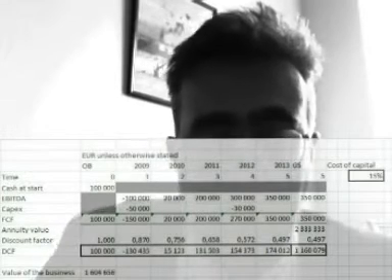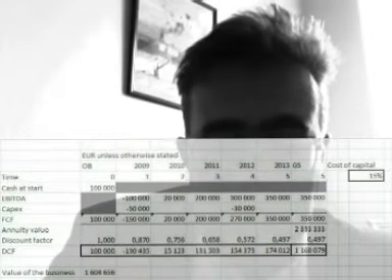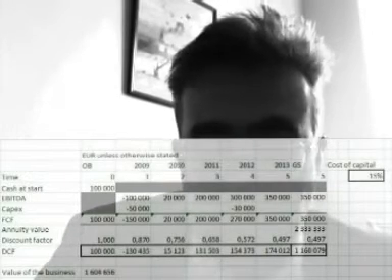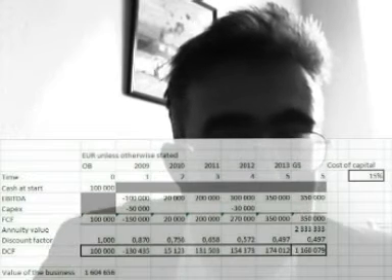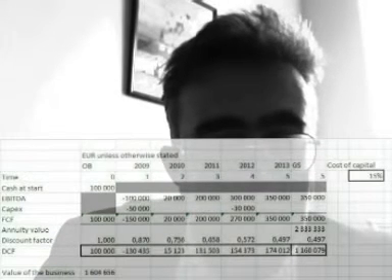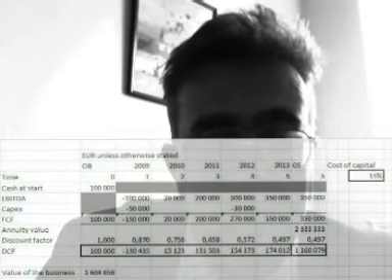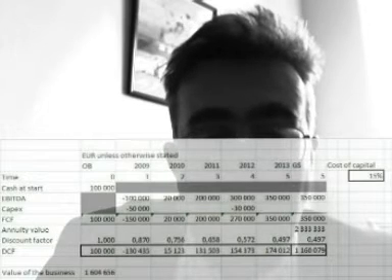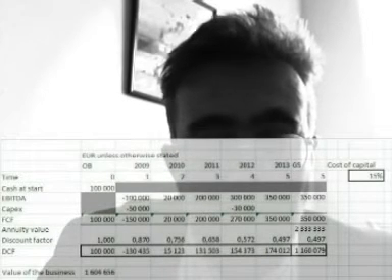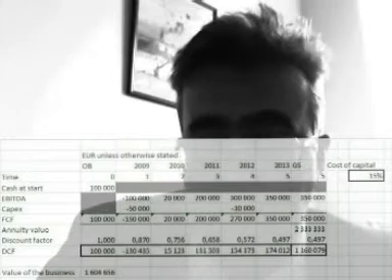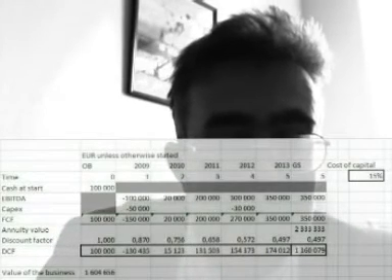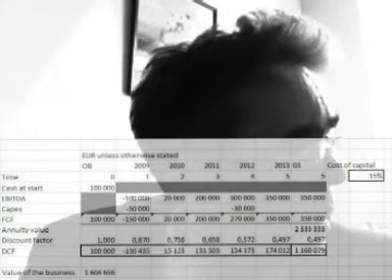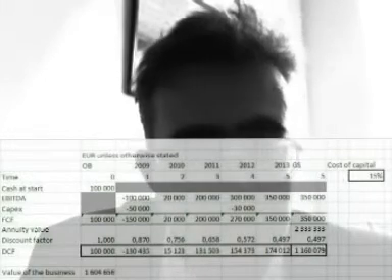So the value of the business, according to that, is the sum of, I'll use the S again and draw it across all of those things there. That gives us a value of the business of 1.9 million euros plus.